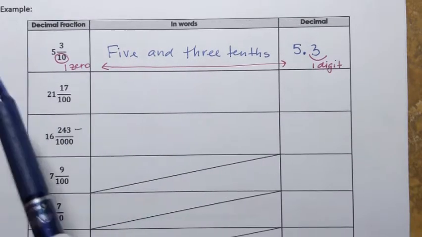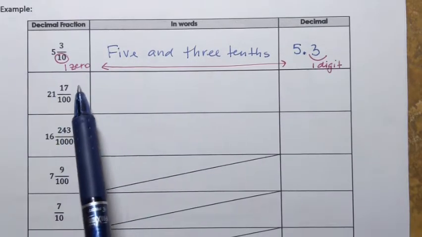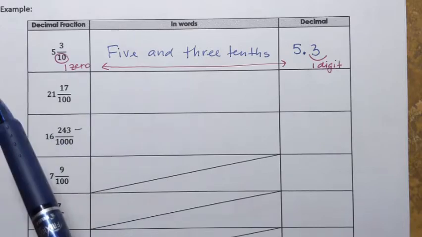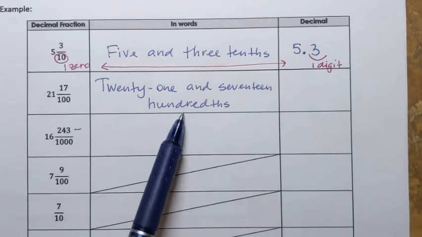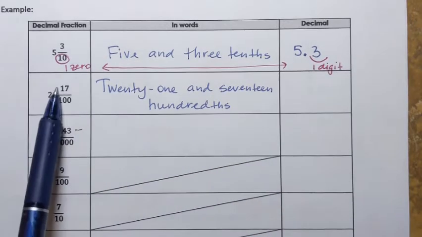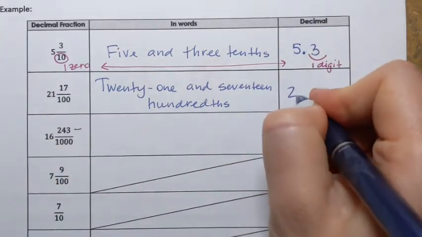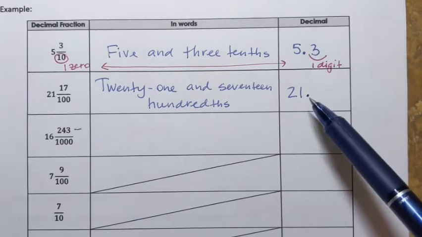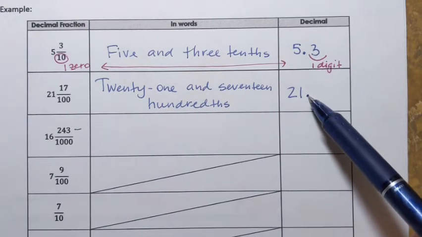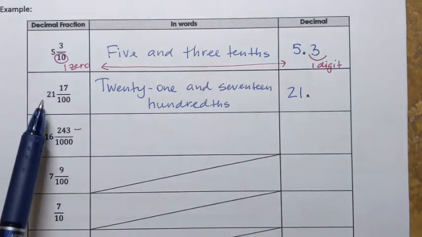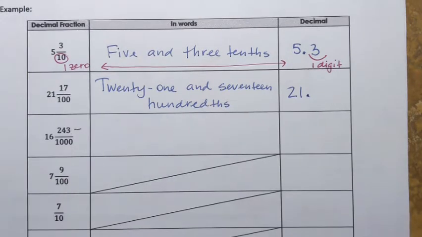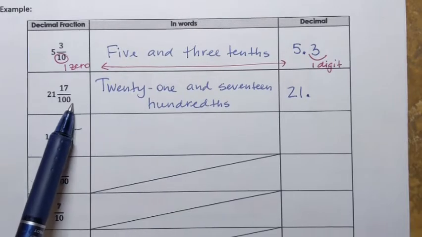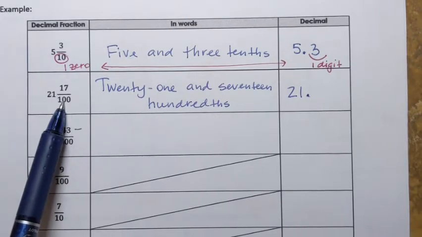This mixed number is 21 and 17/100ths. I will write that. What's going to be the corresponding decimal? Well, the whole part is 21. It's separated from the decimal part by a decimal point. I'm going to write 17. That's the numerator. And I'll make sure that I have 2 digits after the decimal point because I have 2 zeros here.